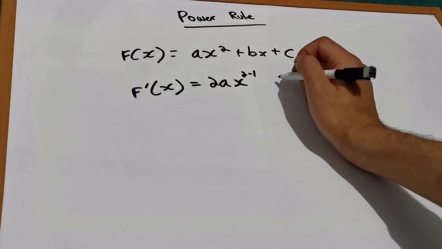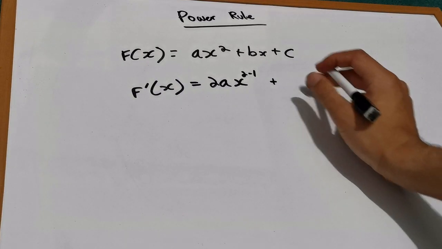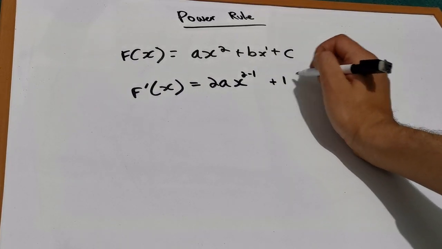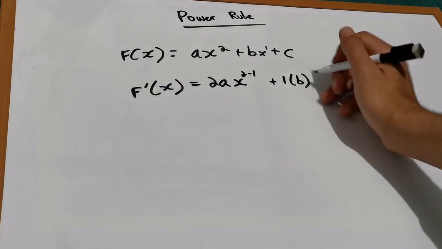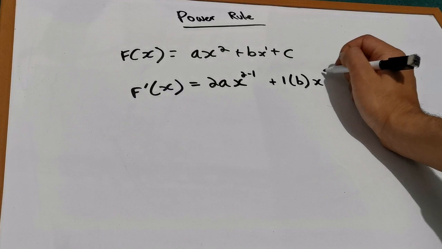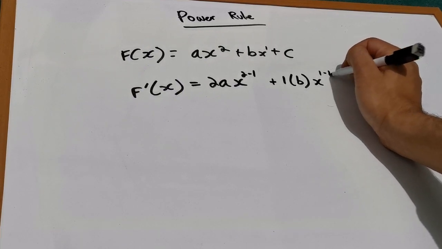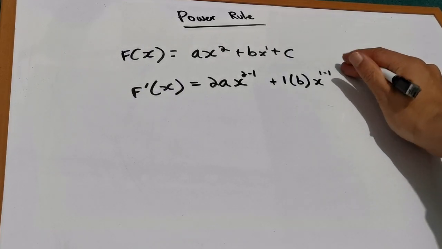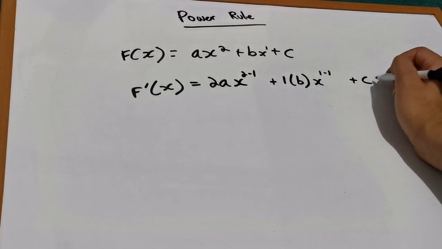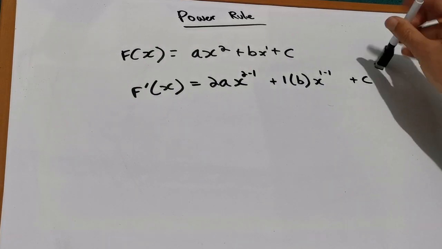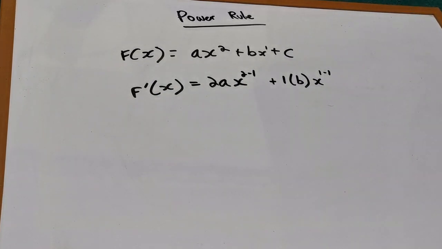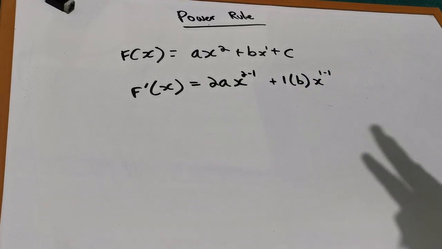And now to the next term, it's the same thing. So you do the power, which is 1 essentially, 1 times b, multiplied by x to the power of 1 take away 1, which is just 0. And then for c, it's deleted. So when you differentiate a constant, it gets deleted and it becomes a 0.